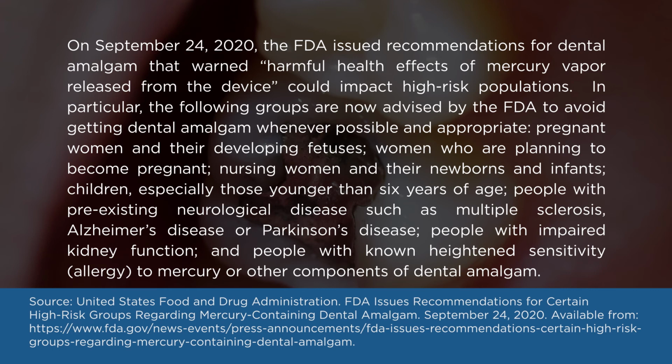In particular, the following groups are now advised by the FDA to avoid getting dental amalgam whenever possible and appropriate: pregnant women and their developing fetuses, women who are planning to become pregnant, nursing women and their newborns and infants, children, especially those younger than 6 years of age, people with pre-existing neurological disease, such as multiple sclerosis, Alzheimer's disease, or Parkinson's disease, people with impaired kidney function, and people with known heightened sensitivity, allergy, to mercury or other components of dental amalgam.